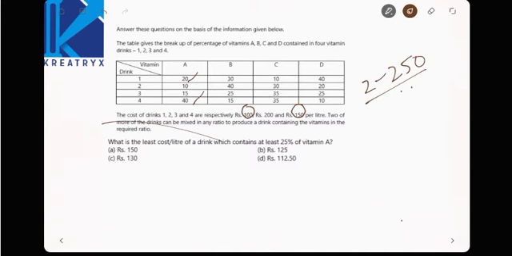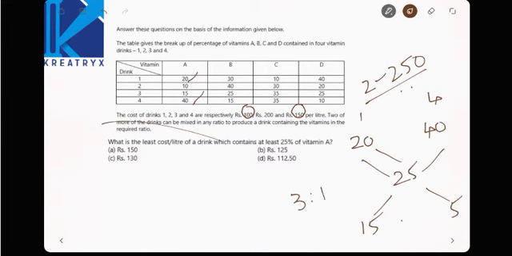Now mix this by alligation rule. See here, 20 of vitamin drink 1, 40 of drink 4, mix to get a concentration of 25%. Now in what parts should be mixed? 20, 25 minus 20 is 5, 40 minus 25 is 15. This is nothing but 3 is to 1.